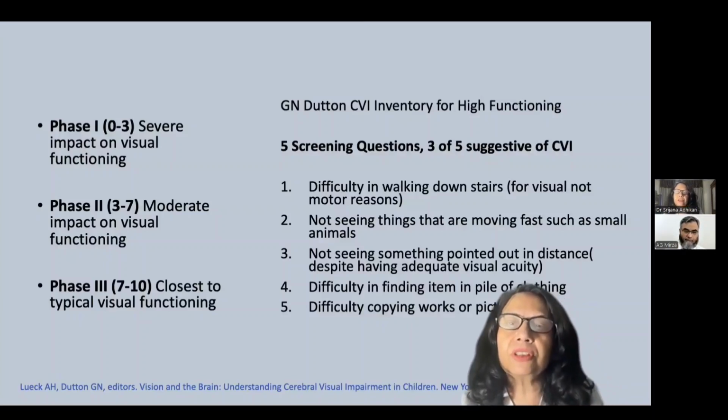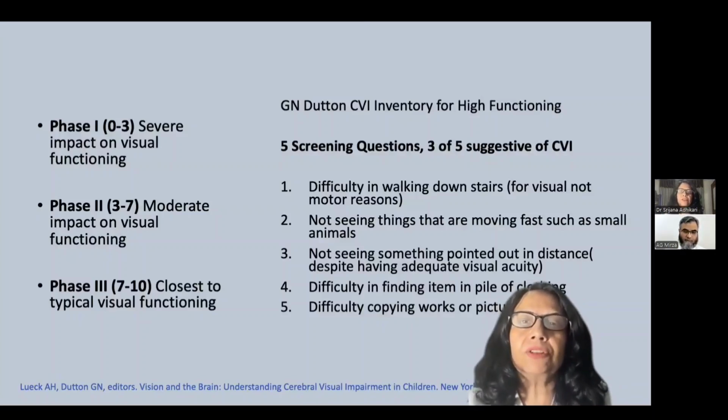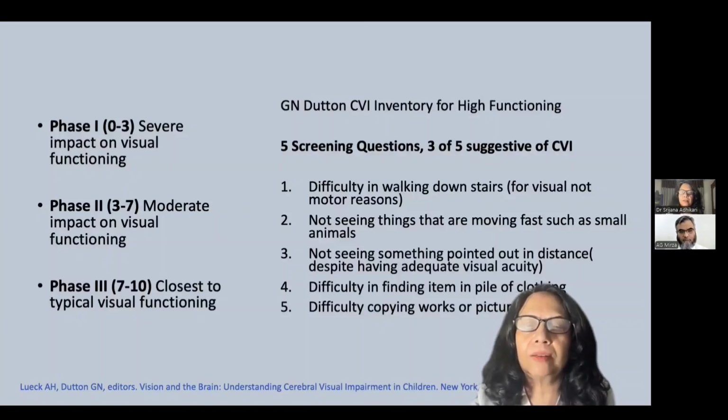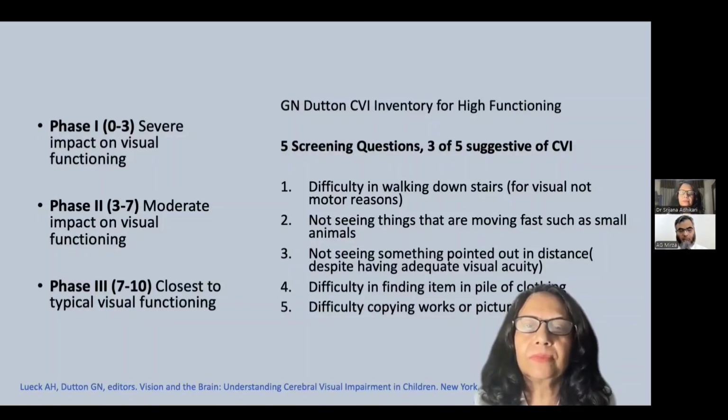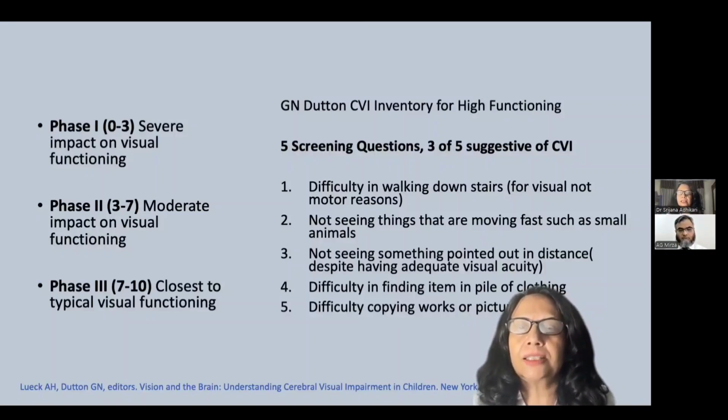And there are also some questionnaires, 5 screening questions which Gordon Dutton has devised, and this helps us categorize the children. If 3 of the 5 questions are positive, then this is suggestive of CVI. For example, difficulty walking downstairs, not seeing things that are moving fast or are small, such as animals, not seeing something pointed out in the distance, and, despite having adequate visual acuity, difficulty finding items in a pile of clothing, and difficulty copying words in pictures.